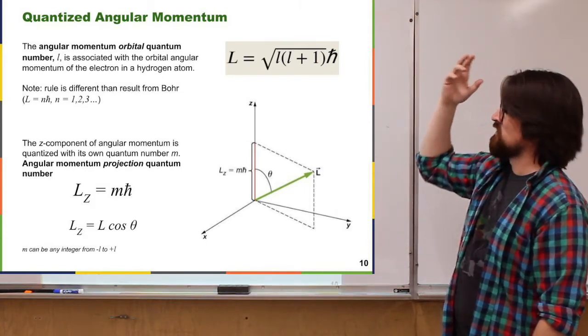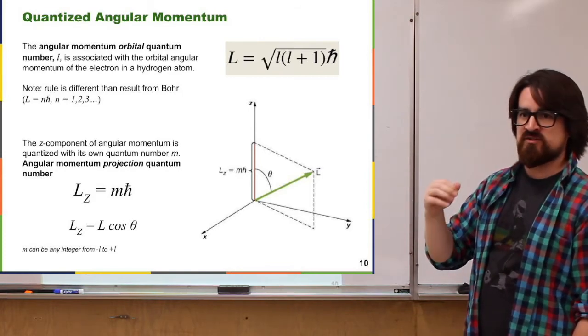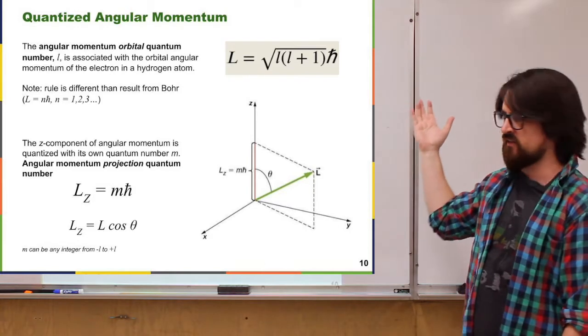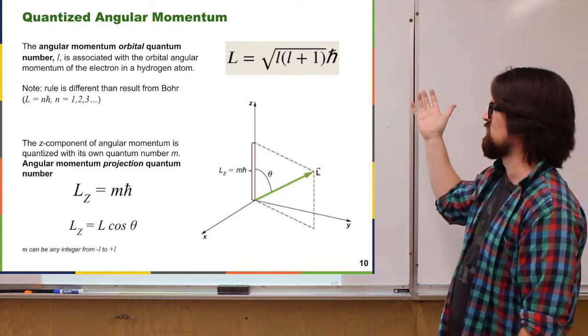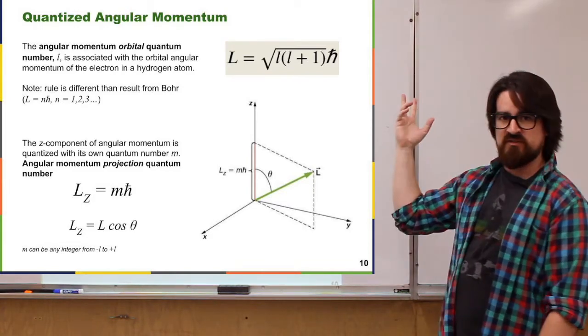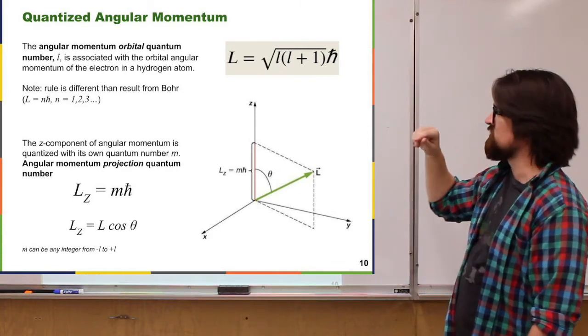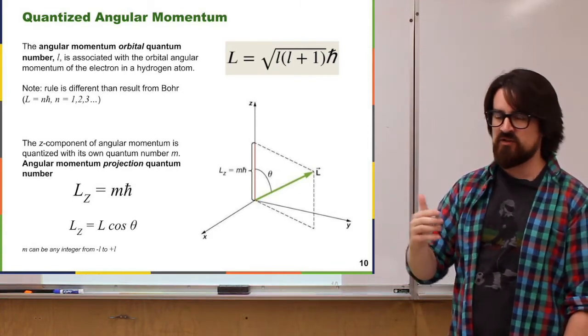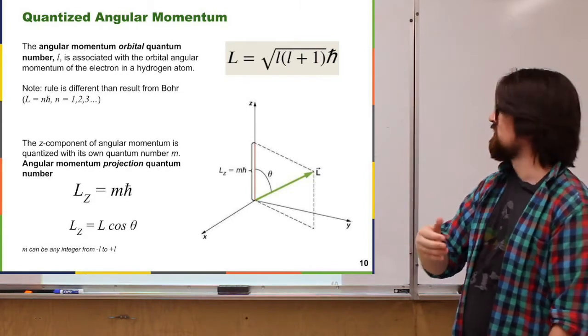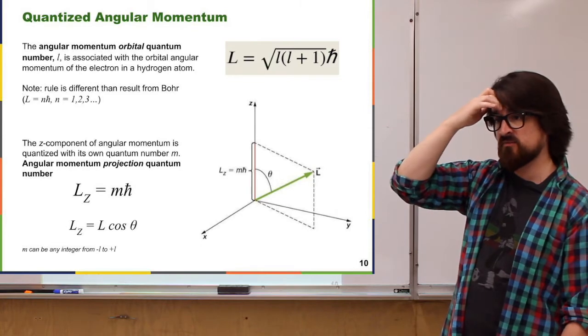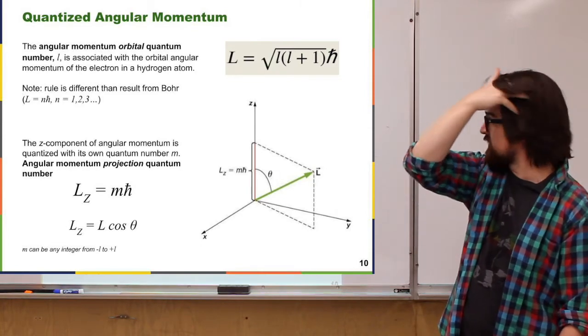That tells you the magnitude of that electron's orbital angular momentum. And of course, this also means that an electron's orbital angular momentum is quantized, right? Because L, the little l, is an integer value, right? It could only be 0 to n minus 1. So that also means that the magnitude of the electron's angular momentum is quantized. You can only have certain values.